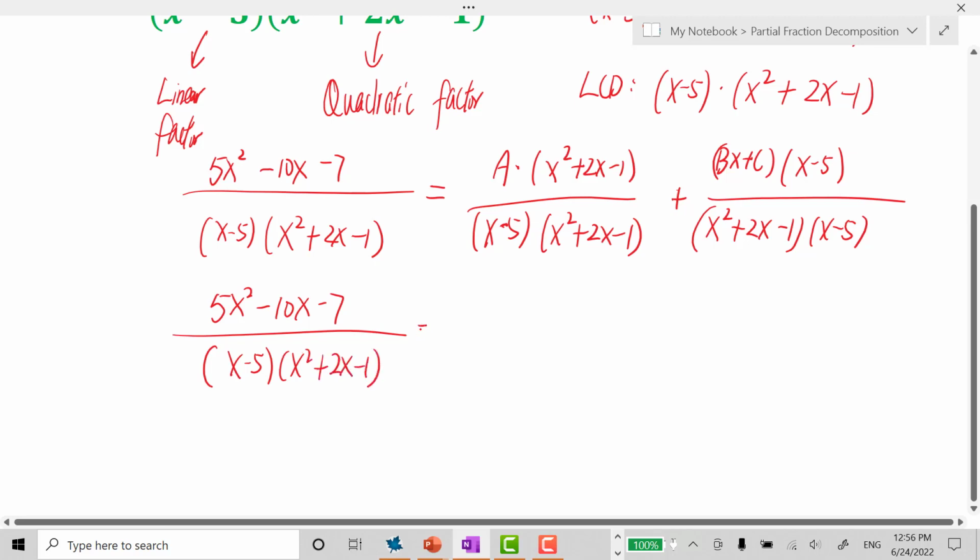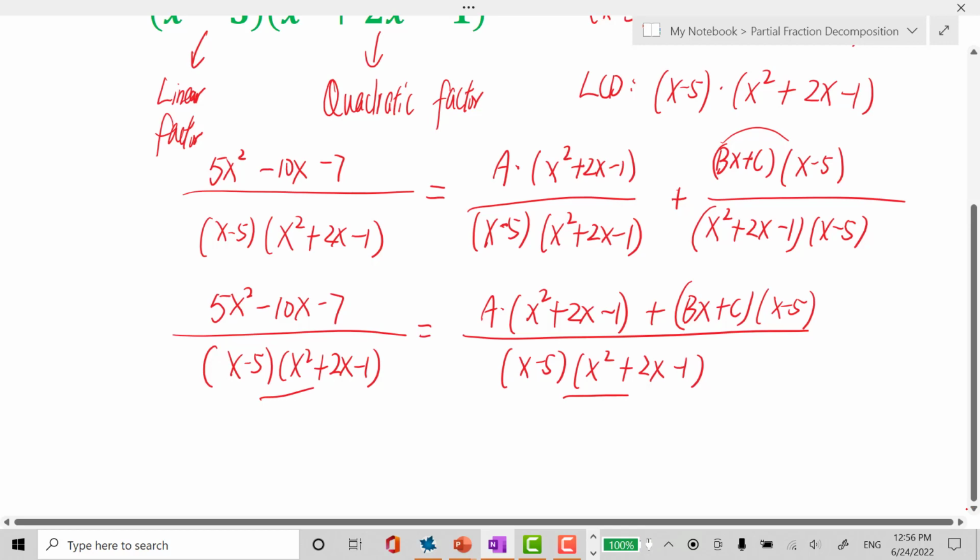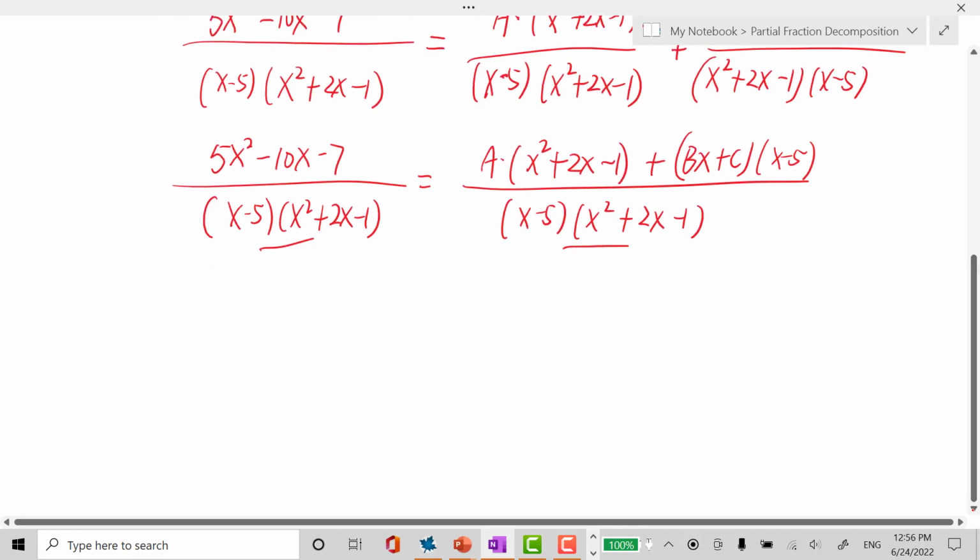Now on the right hand side, combine into a single rational expression, which is x minus 5, x squared plus 2x minus 1, then a times x squared plus 2x minus 1, plus, distribute out the c times x minus 5. So now we have the same denominator. Again, that means the numerator must be the same.